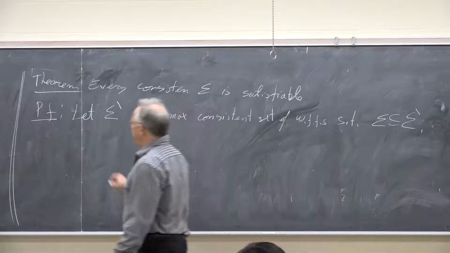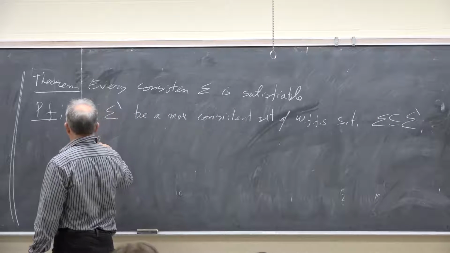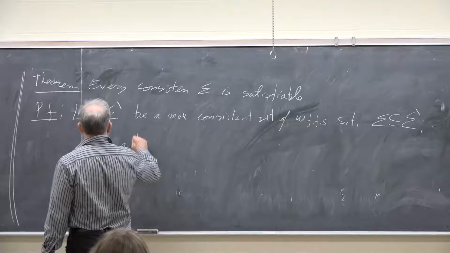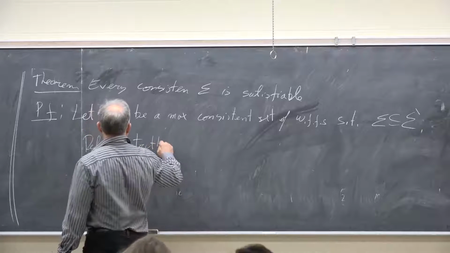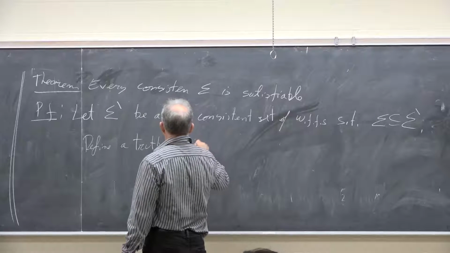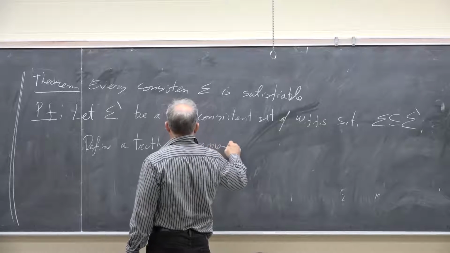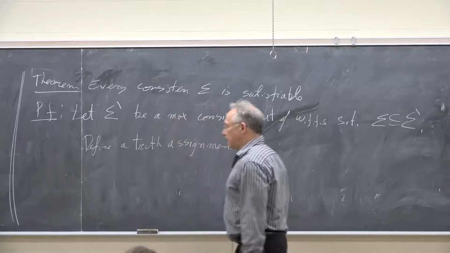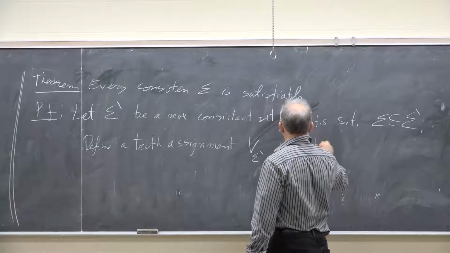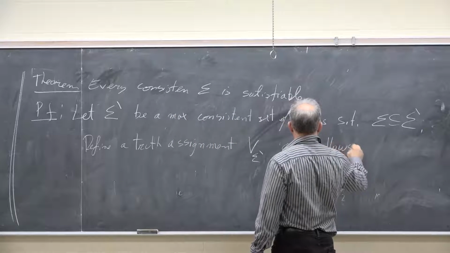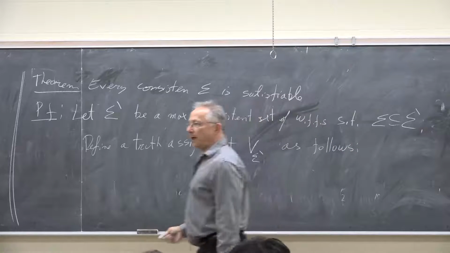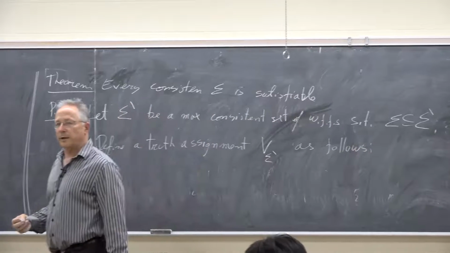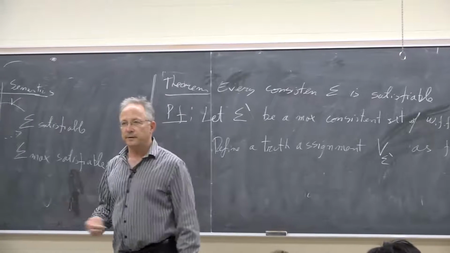So define a truth assignment V sigma prime as follows. For every pi, I have to tell you whether it is going to get value true or false.